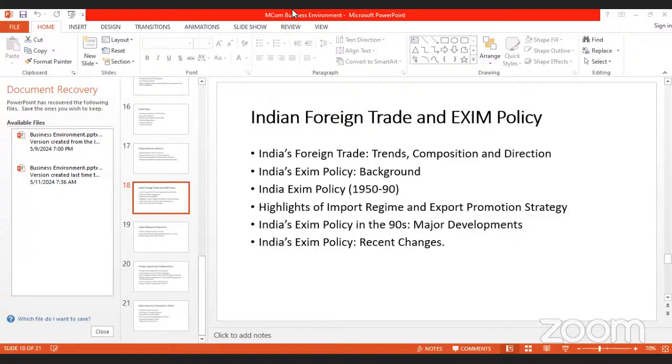Various schemes like duty drawbacks, export subsidies, and concessional finance for exporters were initiated. Next was the initiation of Export Processing Zones, also known as EPZ. So, EPZs were established to provide infrastructural and fiscal incentives for export-oriented industries.